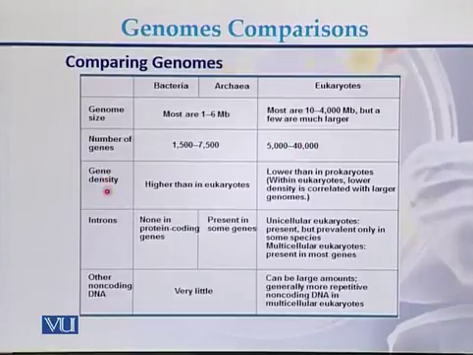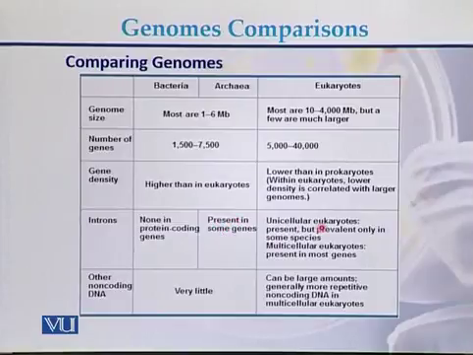When we compare gene density, in prokaryotes the gene density is high, while in eukaryotes the gene density is low. Comparing introns, there are none in protein-coding genes of bacteria, while in archaea they are present in some genes.